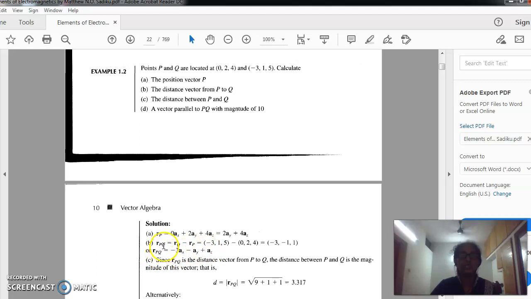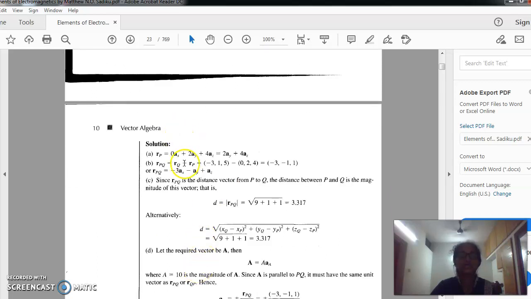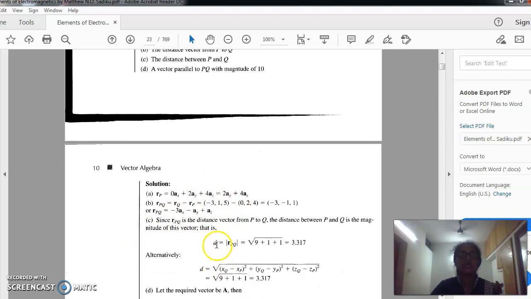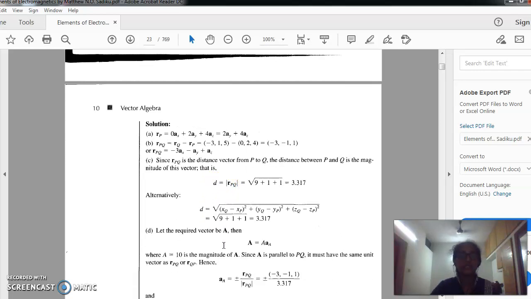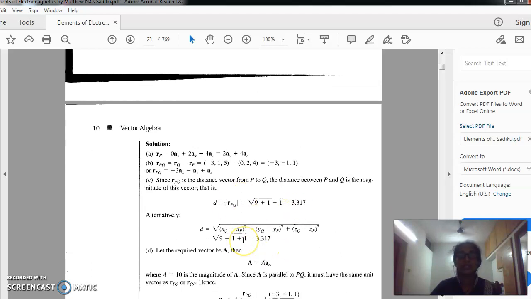Now, how to find the distance vector? As we learned in the definition earlier, RPQ is equal to RQ minus RP. See how it is worked out here. RPQ will be written in terms of the three components AX, AY and AZ. Then there is another, third part. You have to find a vector parallel to PQ with magnitude of 10.